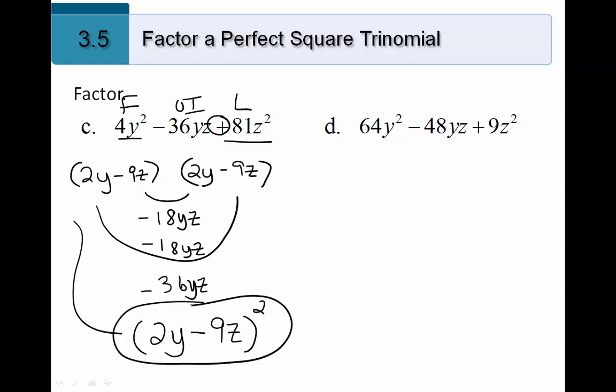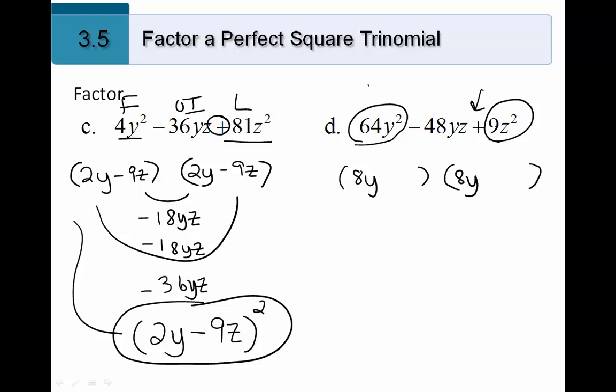D, 64y squared minus 48yz plus 9z squared. There's a perfect square. Perfect square. This is positive. See if it'll work out. If it's a perfect square trinomial, 8y multiplied by 8y will give me the 64y squared. 3z multiplied by 3z will give me 9z squared. 3z times 8y is 24yz.